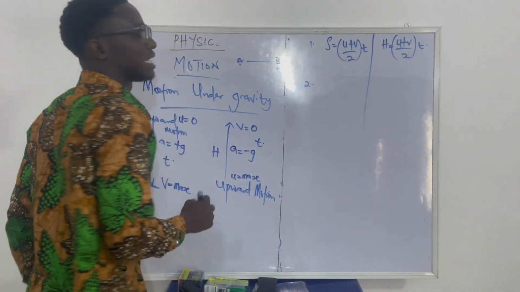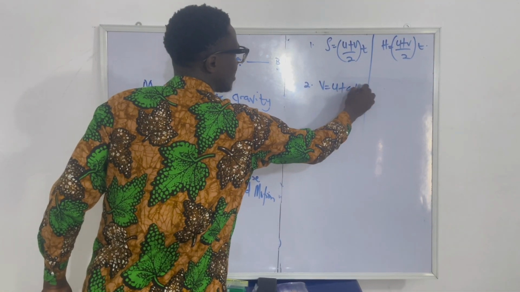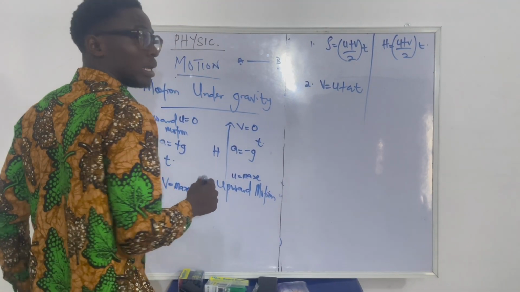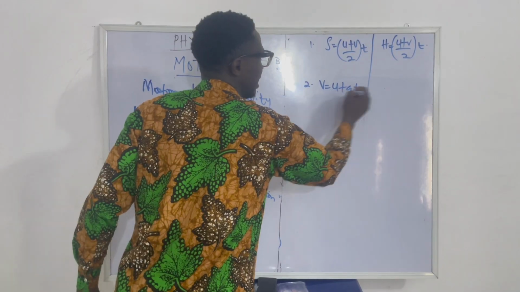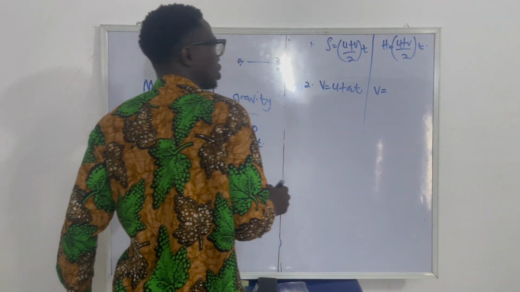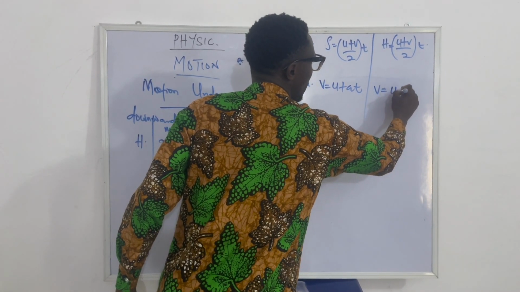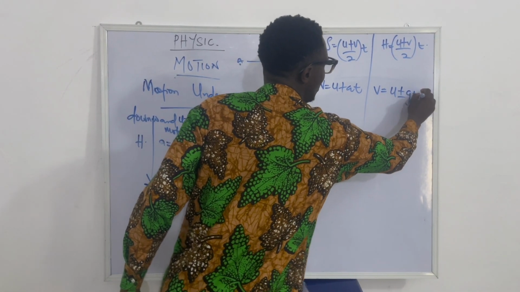Now, the second equation, v equals u plus at. Under gravity, we say it is u plus or minus gt.